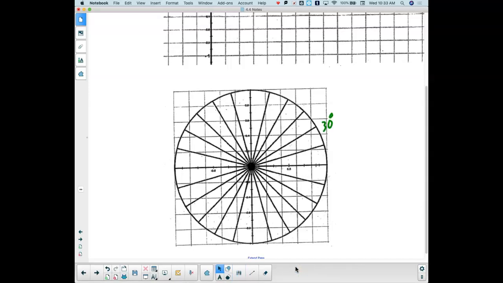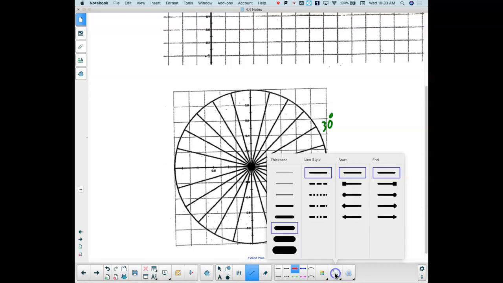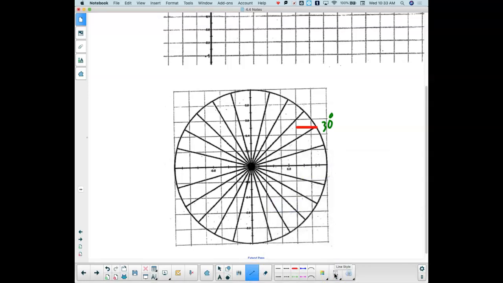Okay, so now what I've got to do, let me bring this down a couple of notches here. Okay, and now what I've got to do is measure horizontally from that point. And then that would be what I transfer to my vertical.